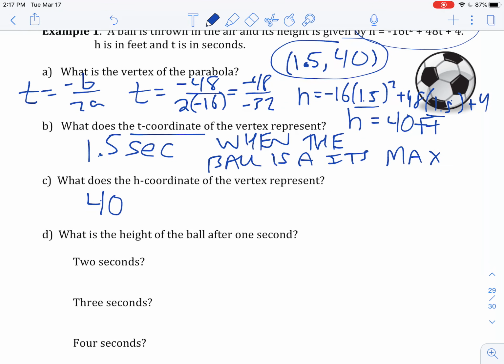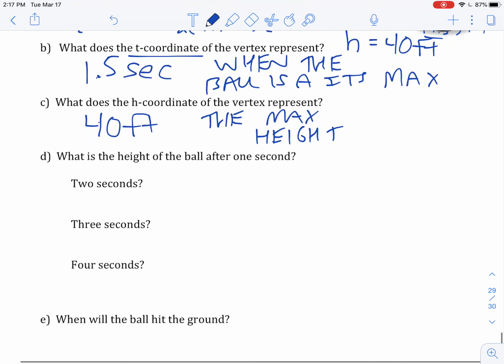The h coordinate, which was 40 feet, is what the maximum height actually is. So the first number is when it's at the maximum height, and the second number is what the maximum height actually is.